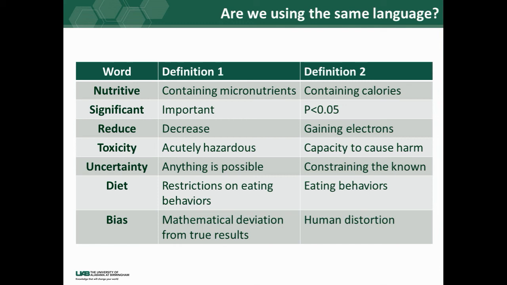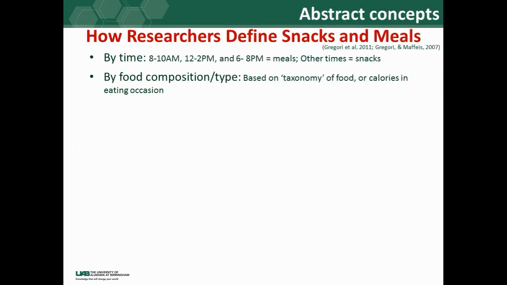Obviously, this crowd will be familiar with diet, meaning a particular set of restricted behaviors, or just what type of diet do you eat. And then bias can either be a mathematical deviation or human distortion. So clearly, even just in these definitions, which are often used in describing nutrition and nutrition research, we could be talking about very different things.